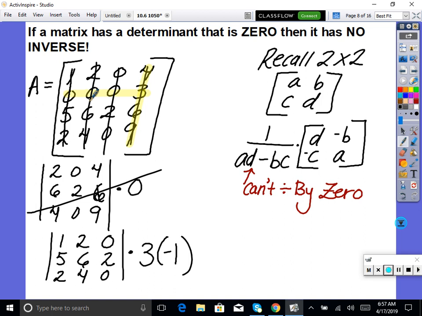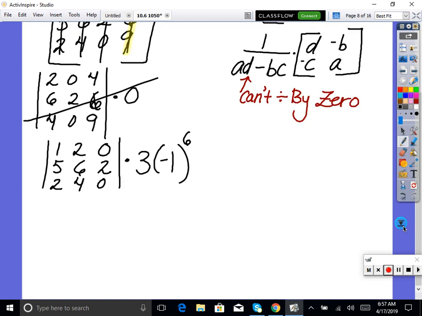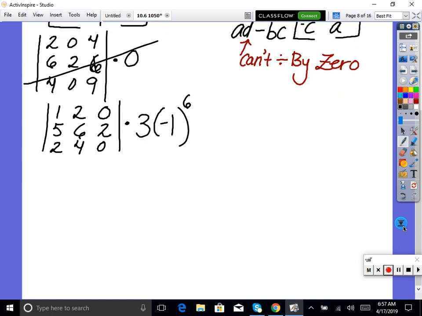Well, this is the second row, 1, 2, 3, fourth column. 2 plus 4 is 6. So we're looking at this. Okay, I'm going to give myself some room. Timesing by 3, because -1 to the 6 is 1.